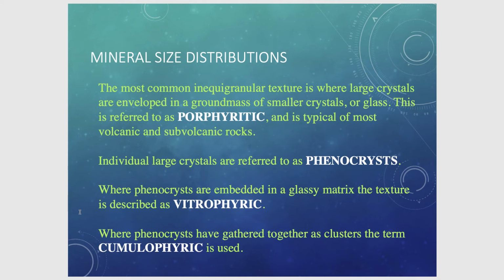Other cases, the phenocrysts will be clustered, and they can be clustered at the bottom of a chamber, and so you call it a cumulate or cumulophyric texture, because you have essentially agglomerates of clusters of phenocrysts. This is also quite common in glomeroporphyritic textures.